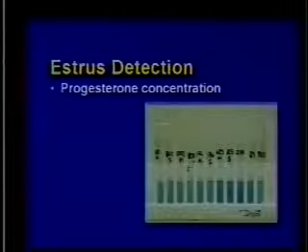We can monitor the accuracy of the heat detection program on the farm by collecting either blood samples or milk samples, and milk samples are easier to collect for the dairyman, and then run them, usually retrospectively, for the content of progesterone to see that progesterone truly was low, as it should be during estrus.